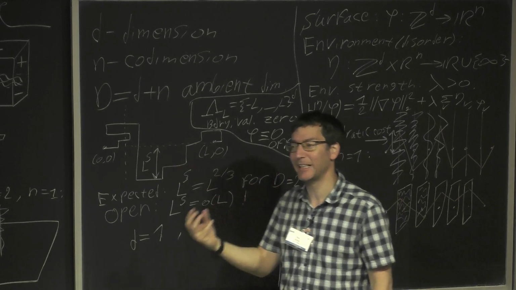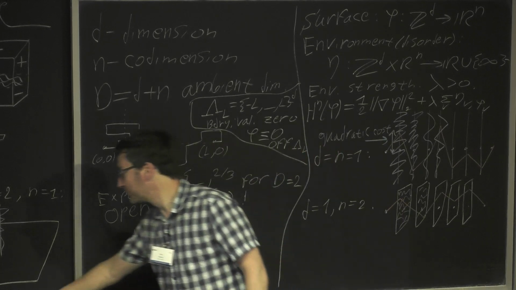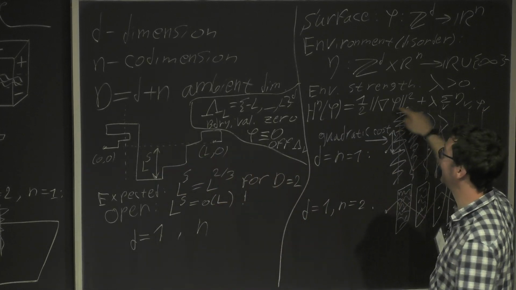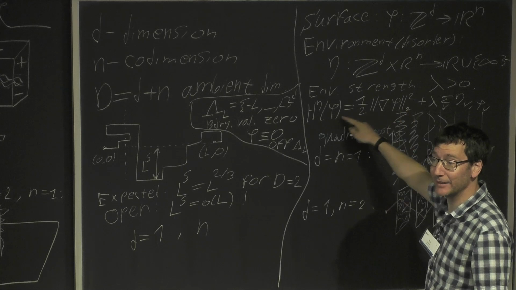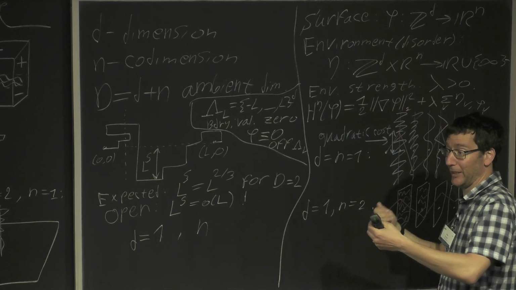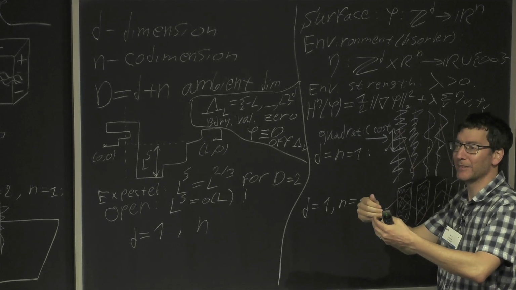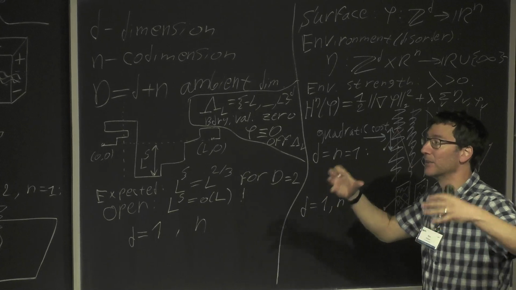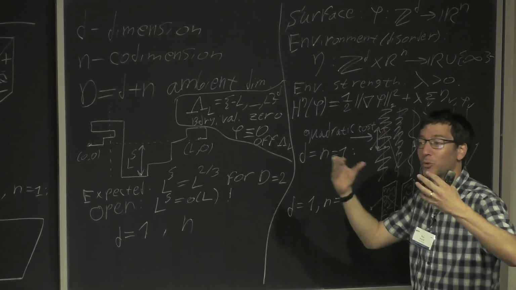There is also a second fluctuation exponent. The second fluctuation exponent concerns the fluctuations of the energy. You take the minimal energy, the energy of the minimal surface, and when you change the disorder, you ask by how much does the energy of the minimal surface change. So what are the fluctuations of the ground energy?